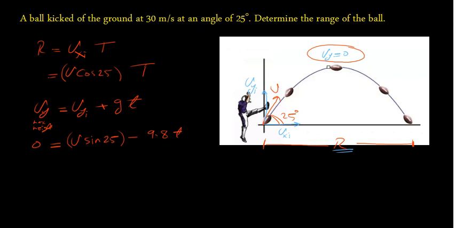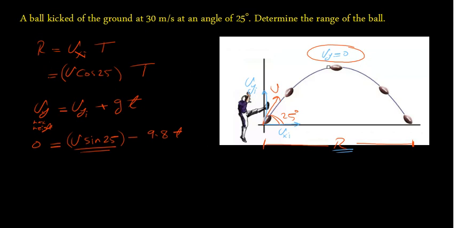So I can calculate this quickly. I have the velocity, 30 times sine 25, and that will give me 12.7.